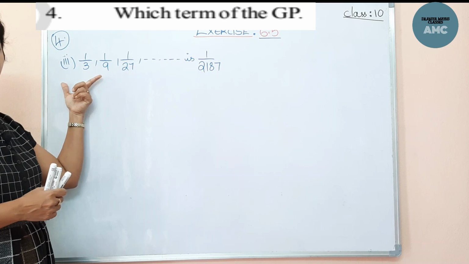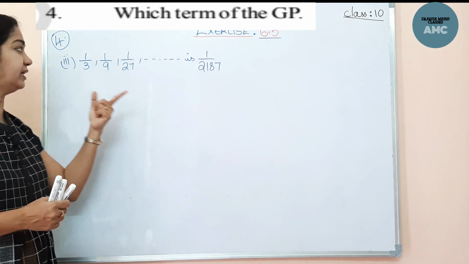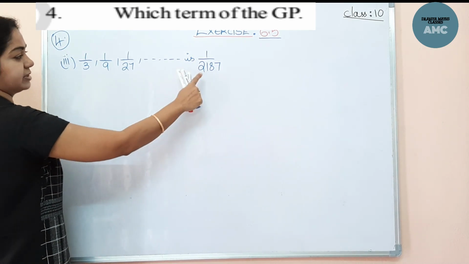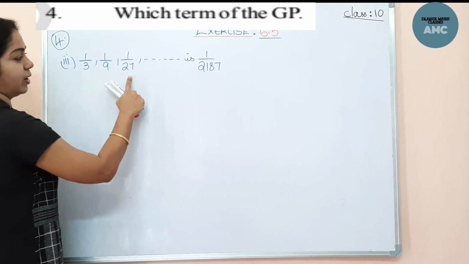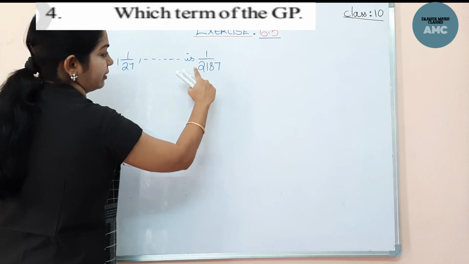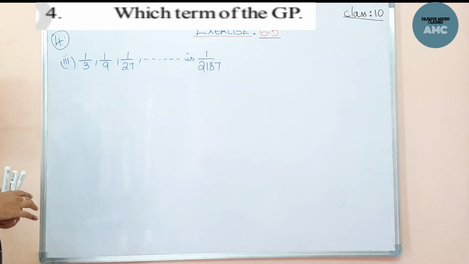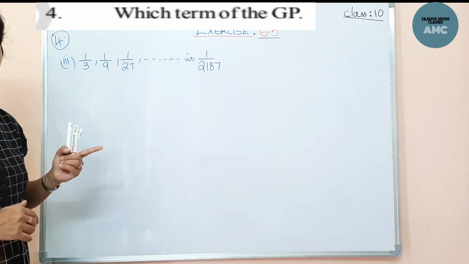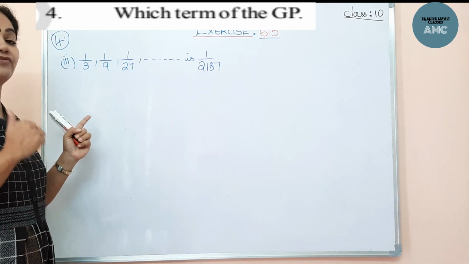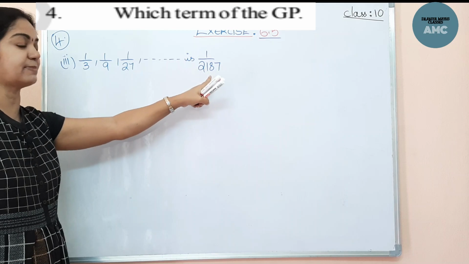Now the 4th problem, which term of the GP is, and the problem is given like this: 1 by 3, 1 by 9, 1 by 27, and so on is 1 by 2187. Here the question is asked not about the nth term, not about the common ratio, but which term of the GP is this much.